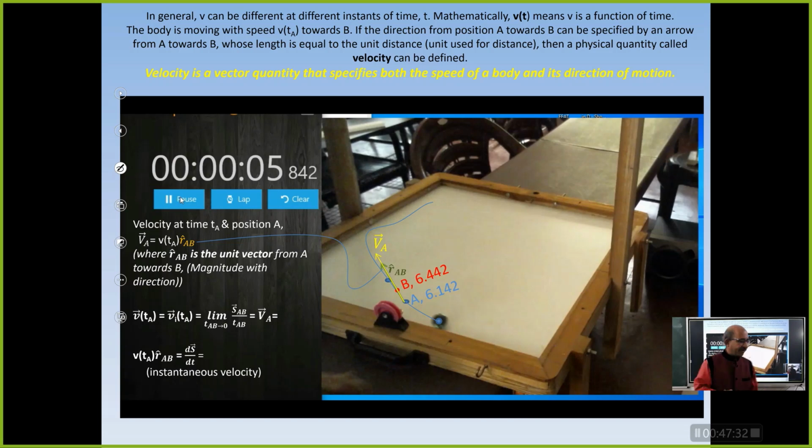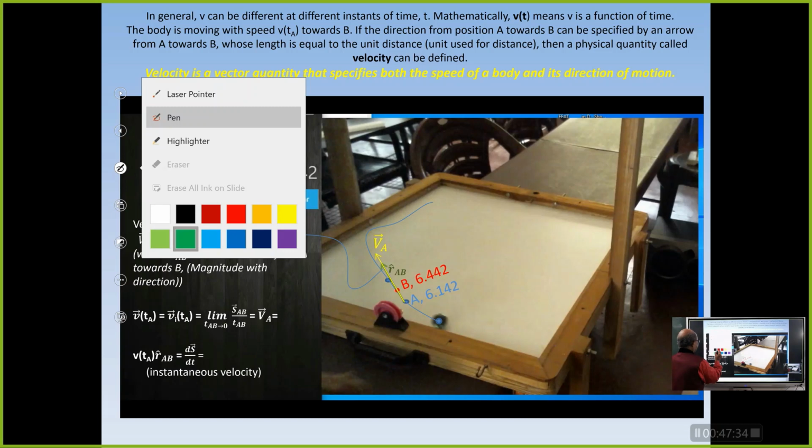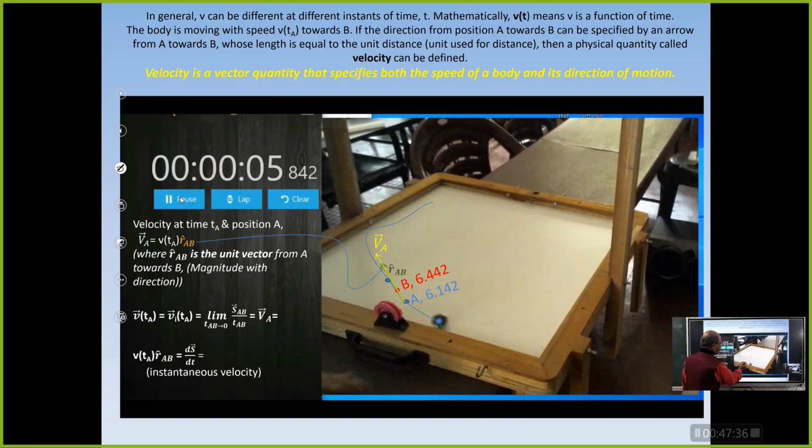As specified means, supposing now the body was moving at this point it was here, next point supposing it was here. Then the body would be moving like this. Supposing this point is C, then how do you specify that the body is moving from A towards C? Like R cap AC.